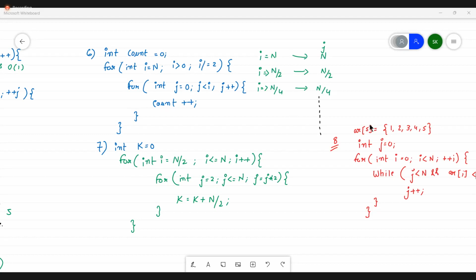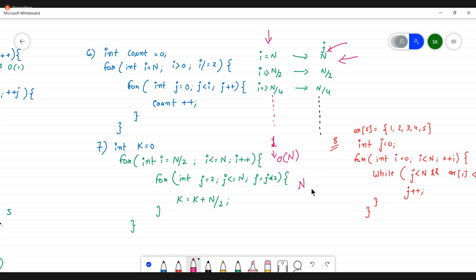So everyone must have figured out that roughly this loop will ultimately go up to 1. You can say this is following the GP series, so its complexity is going to be order of n. I am only talking about the i loop. But inside this, in the worst case, the j loop is running for n times.